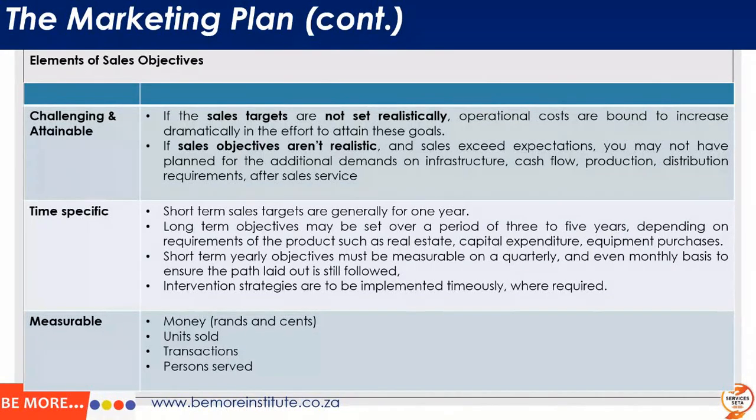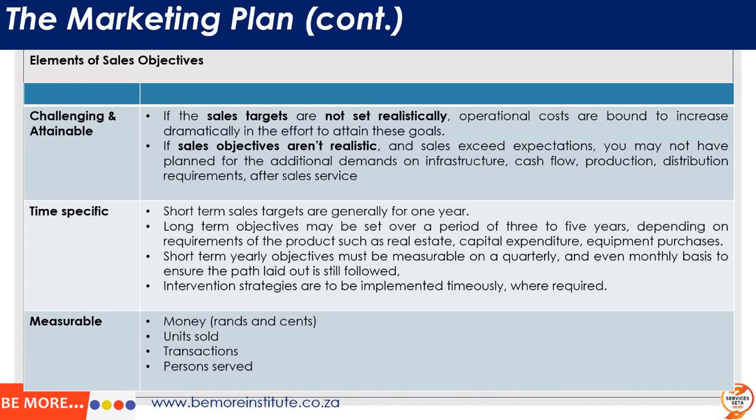But if the sales objectives are unrealistic and the actual sales exceed the expectations, you may not have planned for the additional demands on infrastructure, cash flow, production, distribution requirements, and after-sales services. So when you're doing your marketing, because you're the business owner, it's important to do your proper research and get all the reviews and reports in dealing with these matters.